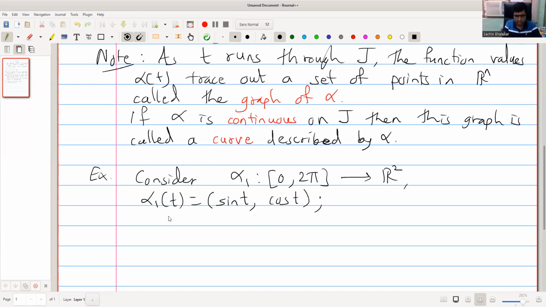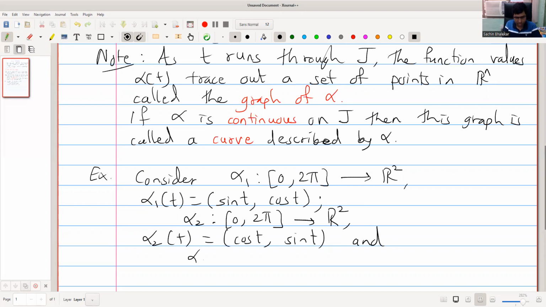We define another function alpha 2 from the same interval to R2 defined by alpha 2 of t equal to cos t, sin t, and a third function alpha 3 from the closed interval 0 to pi to R2 defined by alpha 3 of t equal to the vector whose components are sine of 2t, cos of 2t.